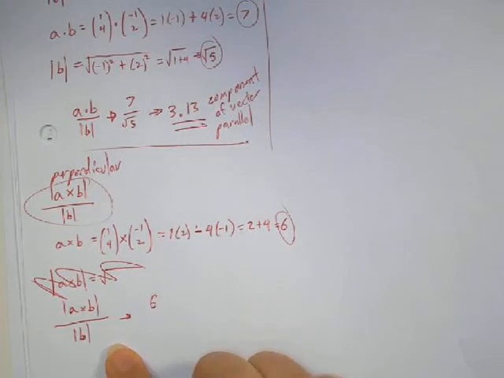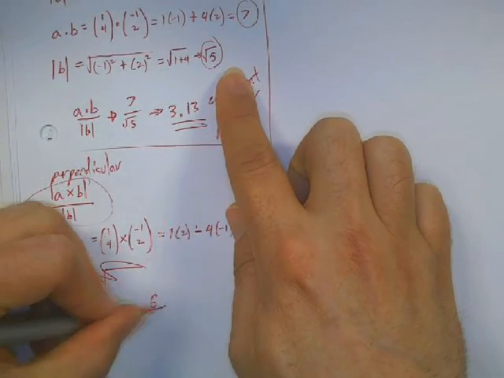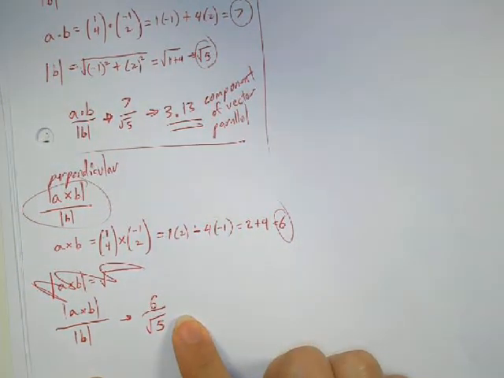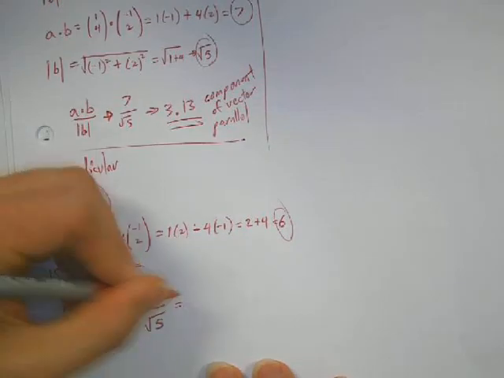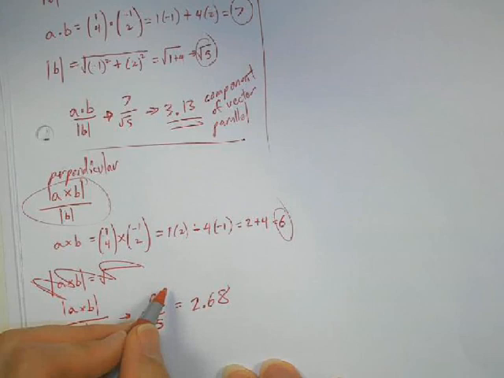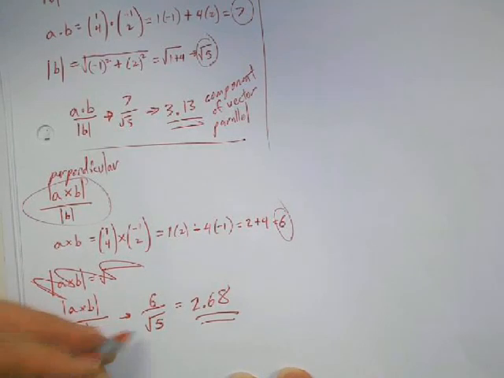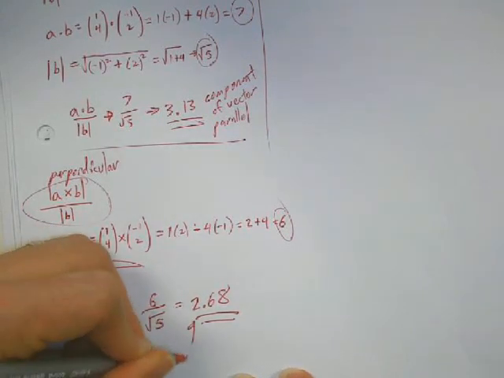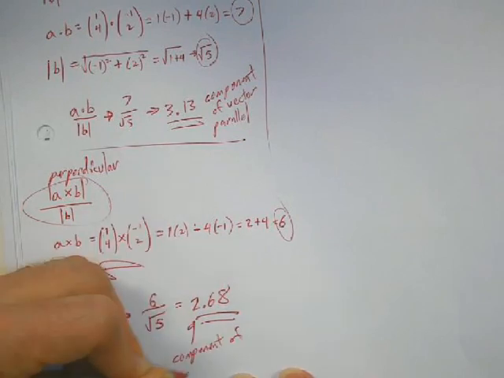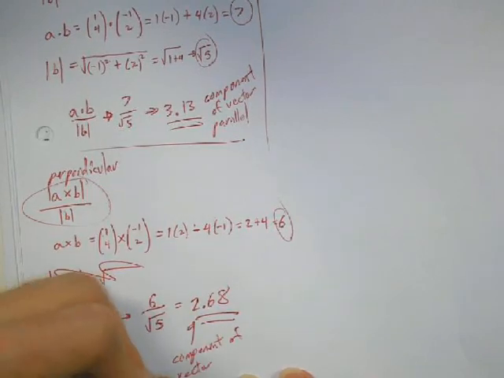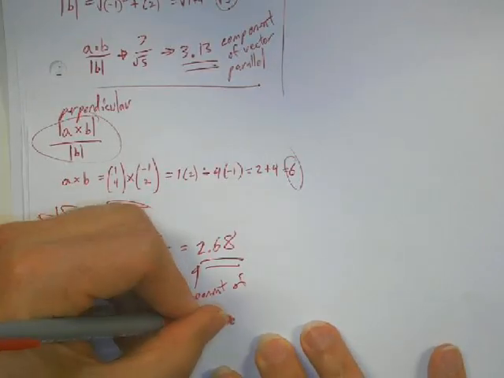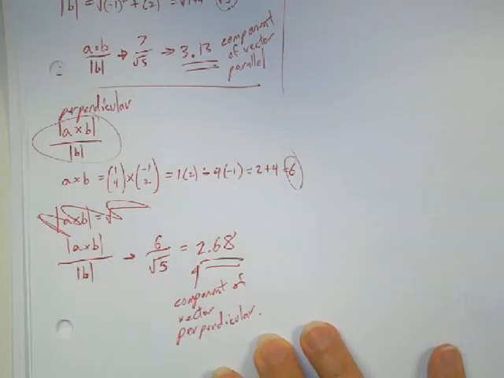The magnitude of B we know is the square root of 5. And so if I do 6 divided by the square root of 5, we get 2.68. So this is the component of the vector perpendicular. Okay, hit pause if you need to.